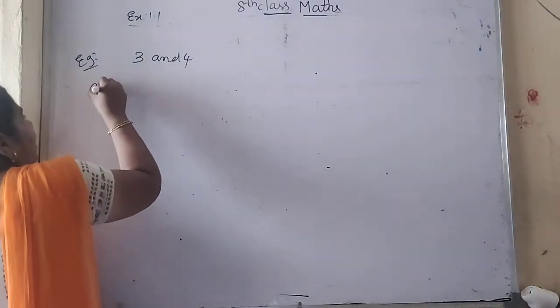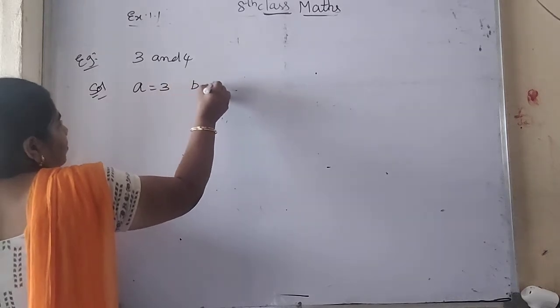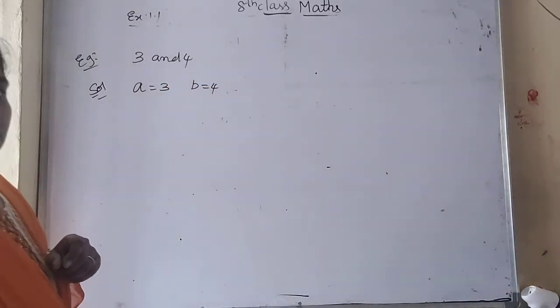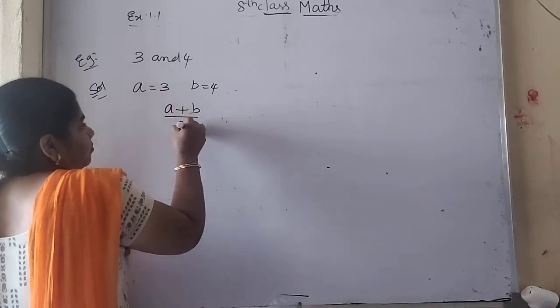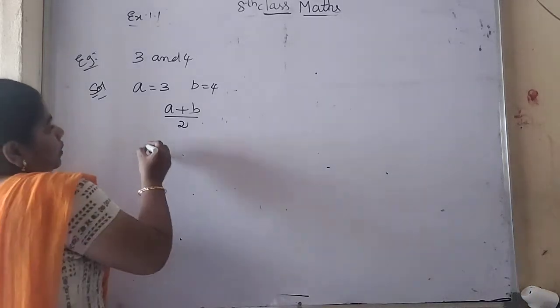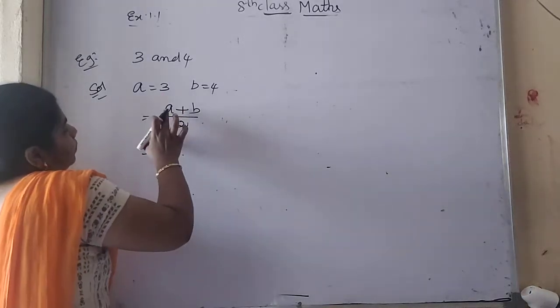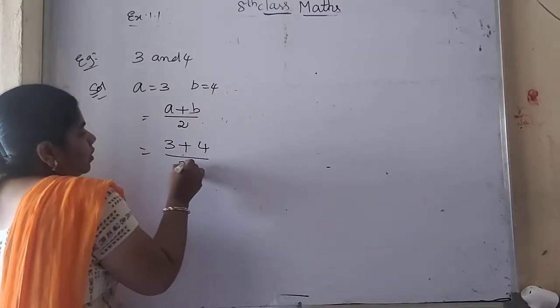So how to find that? Here I am taking a value as 3 and b value as 4. By using the formula (a plus b) by 2, we can find the middlest rational number of 3 and 4. So substitute these values here. A value is 3 plus b value is 4, by 2.